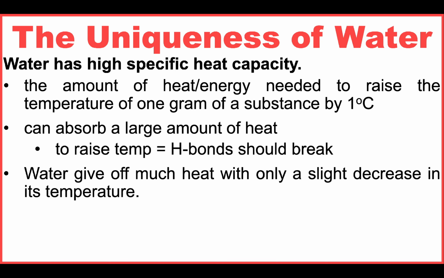This allows large bodies of water to help moderate the temperature on Earth. In summer months, water must absorb a great deal of energy in the form of heat from the sun in order for the temperature to increase.